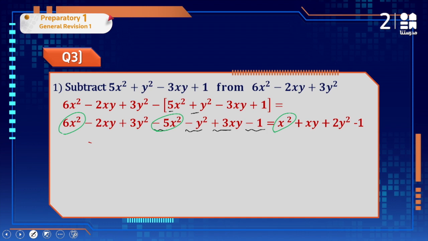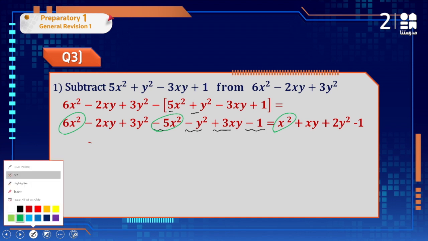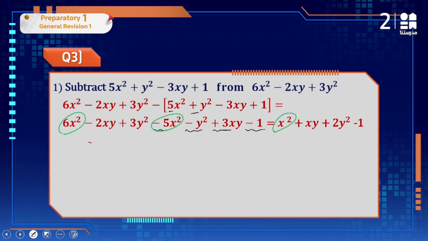Then the second, we are going to talk about negative 2xy, this one and this one. So negative 2xy plus 3xy equals 1, with the sign of the bigger, which is positive 3, then subtract them. Or 3xy minus 2xy, which is 1xy.